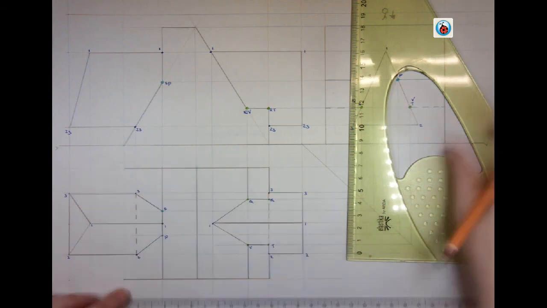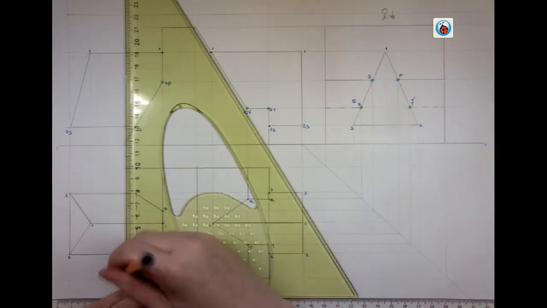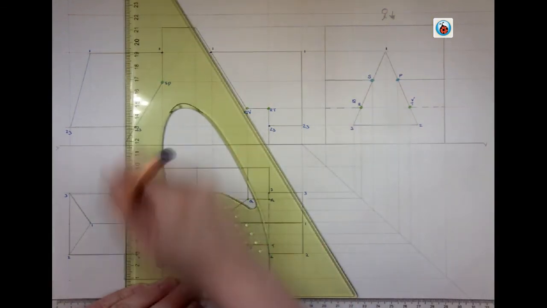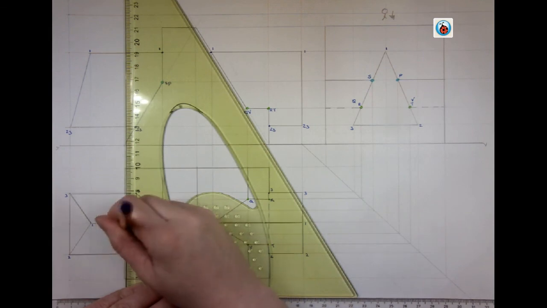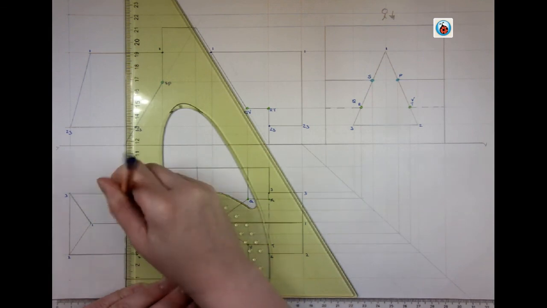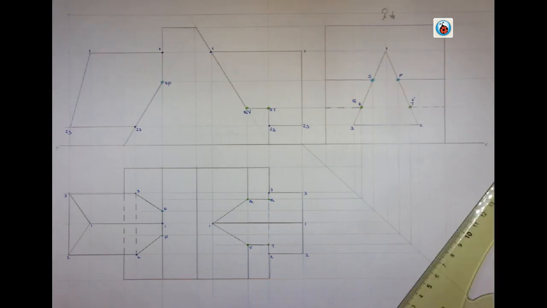However, we will not see underneath the triangle, so that's going to go in hidden detail. And that's your full question completed.